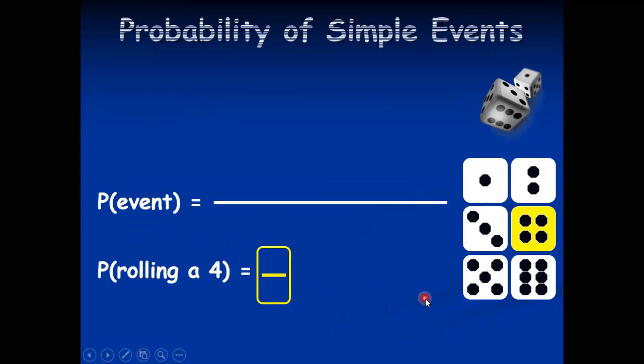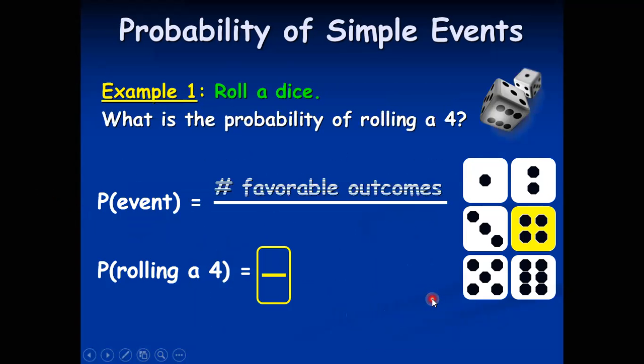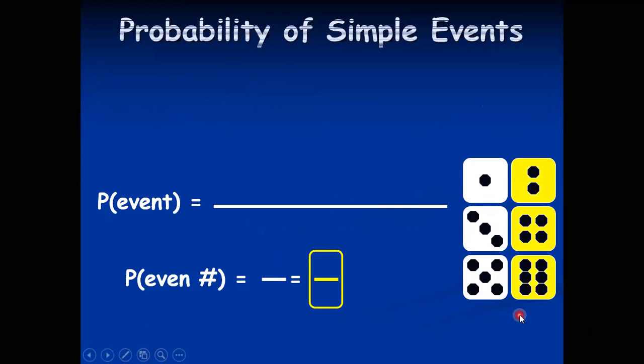So if you look at rolling a dice, what is the probability of rolling a 4? We look at the favorable outcomes, how many 4s the dice has. Of course, it has 1, and all the possible outcomes, which are 1, 2, 3, 4, 5, 6. There are 6 outcomes. So the probability will be 1 divided by all the possible outcomes, which are 6, and the answer is 1 out of 6.